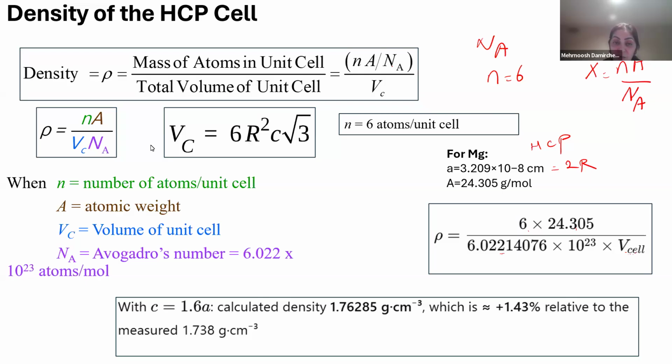If ideal, it should be 1.633. Here, I substitute 1.6, for example, 1.6A, and we derive the density as 1.73285 gram per centimeter cubed. But in reality, the real density is 1.738. The difference is about 1.43%. This error is negligible.